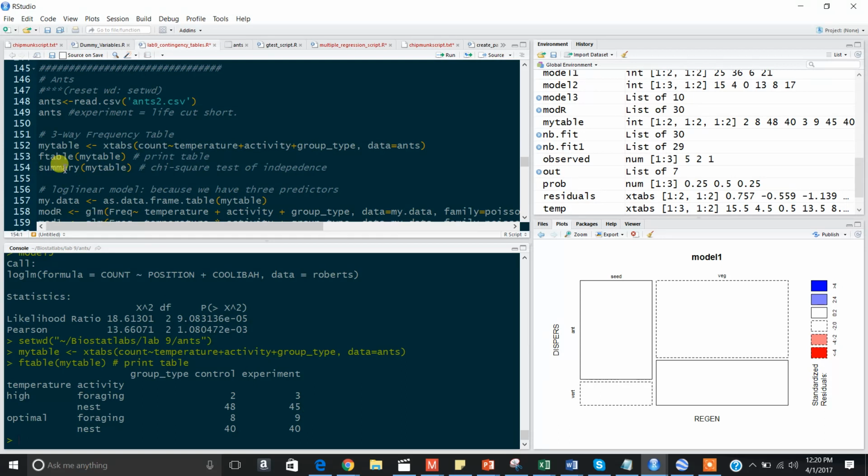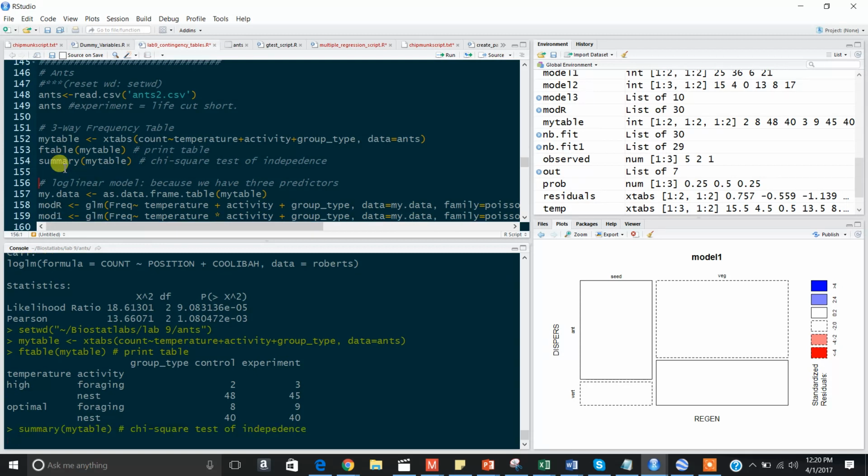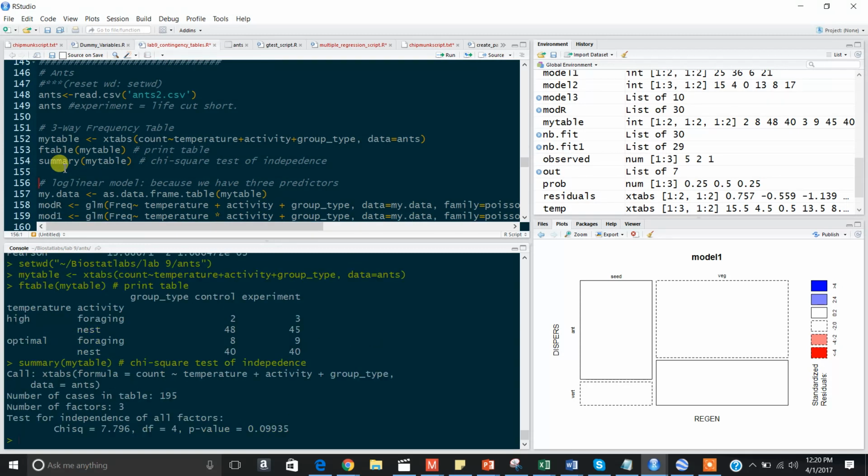All right, so let's run summary. We're going to do the chi-square test of independence. Here we see a p-value that is greater than 0.05.